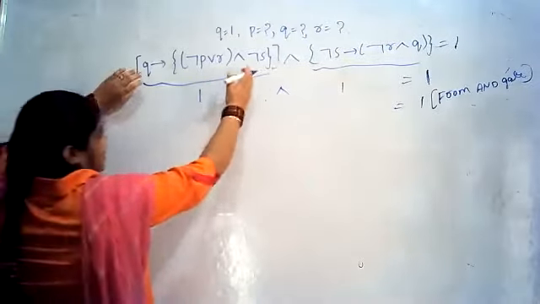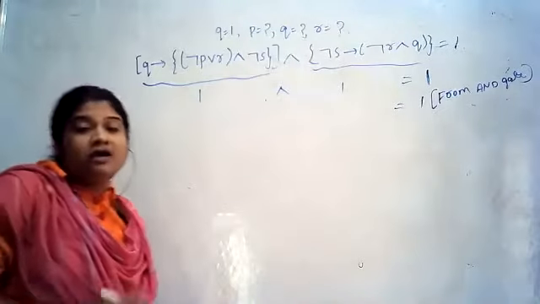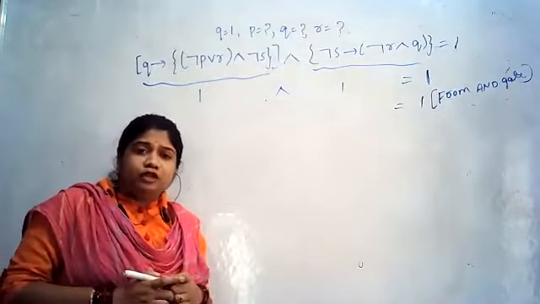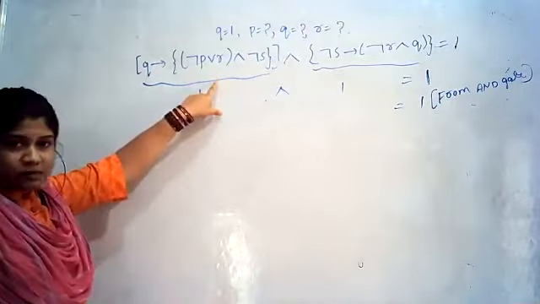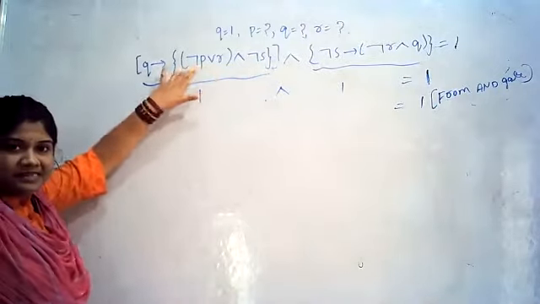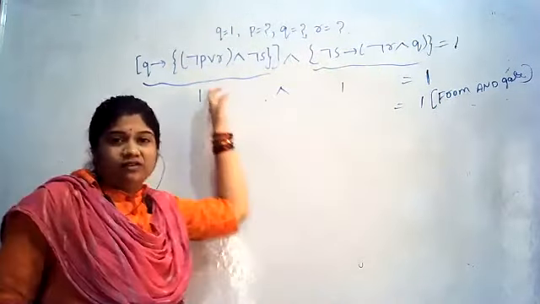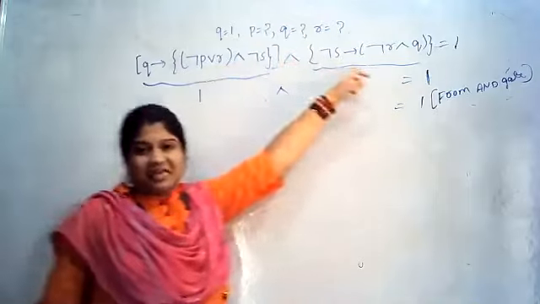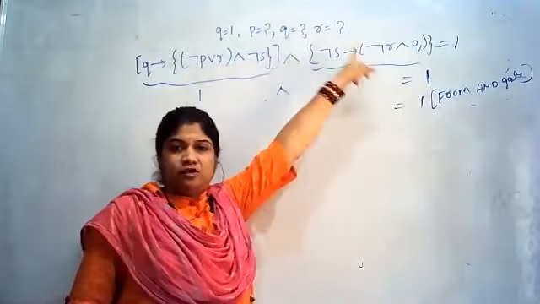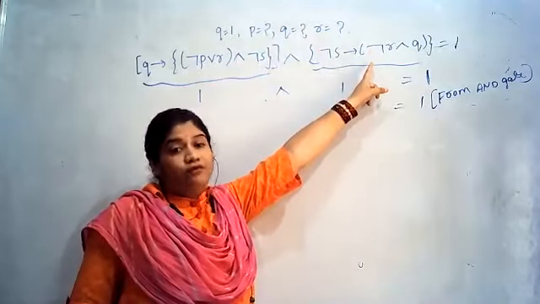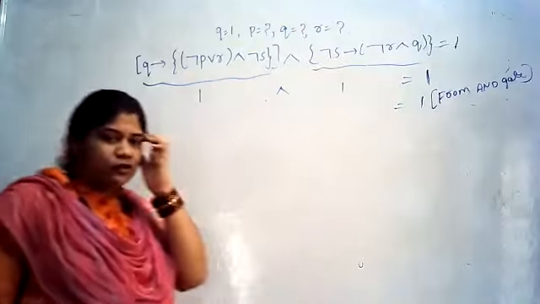Now we need to solve this part separately and this part separately. No doubt I need to solve separately, but first I will solve this part. Think that this is the A part and this is the B part. In the textbook they have given this part as U and this part as V. You can take U, V or A, B as you wish.